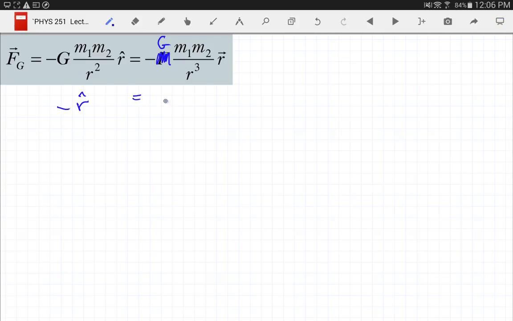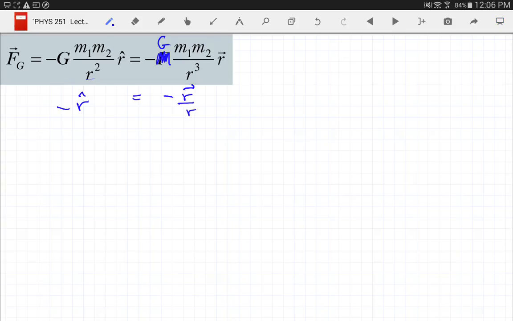In the second one, we have minus r vector over r. Notice this went from r squared to an r cubed. So you can see it written either way. It just depends on your preference which way you write it. This one here is generally the one we write.